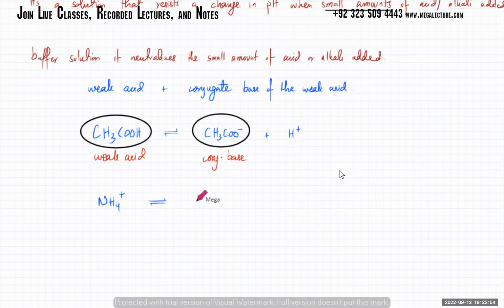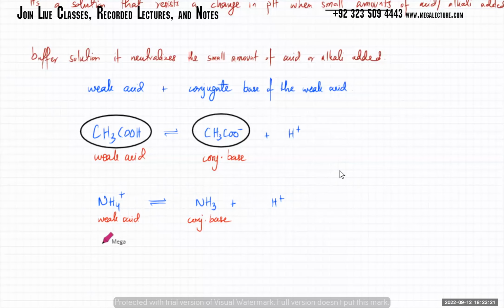They'll produce ammonia, and they'll produce H plus 1 ions. So one of them is a weak acid. And this over here is the conjugate base of the weak acid. Okay, so I would need both things.